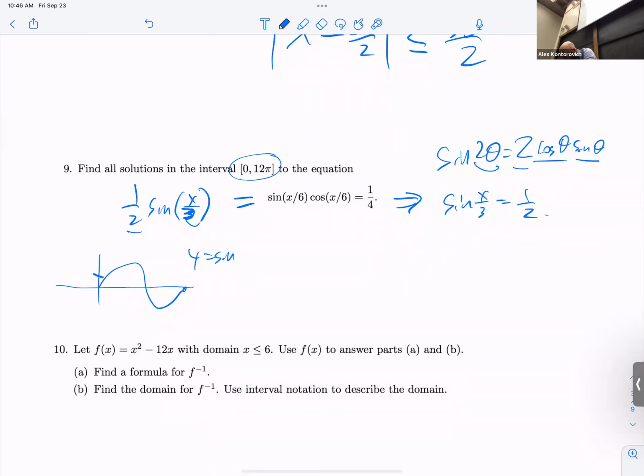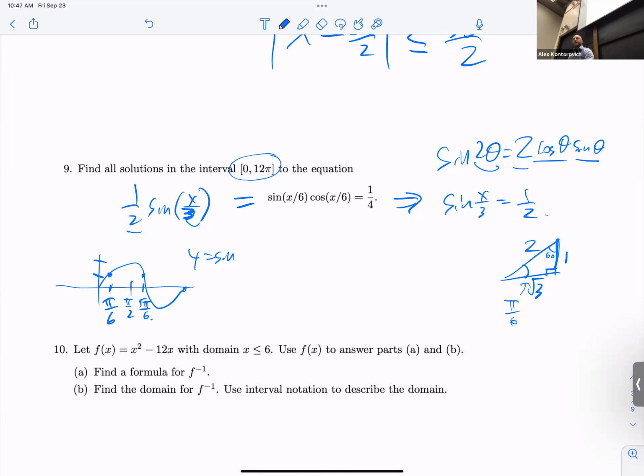All right, where is sine equal to a half? That's right here. I have to draw a 30-60-90 triangle for myself. If it's 1, 2, root 3, that's going to be the 30-degree angle because it's the smaller side. That's going to be the 60-degree angle. So that happens at pi over 6. This is pi over 2. So that's going to be 5 pi over 6.